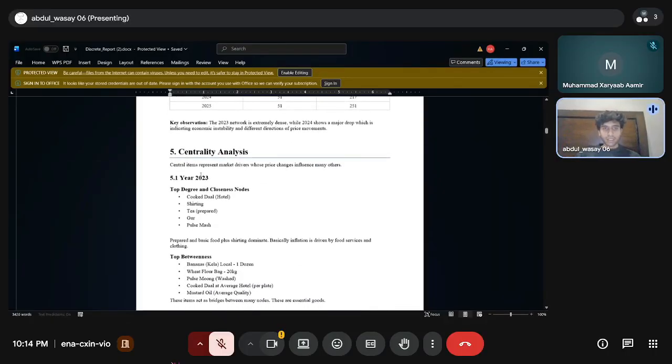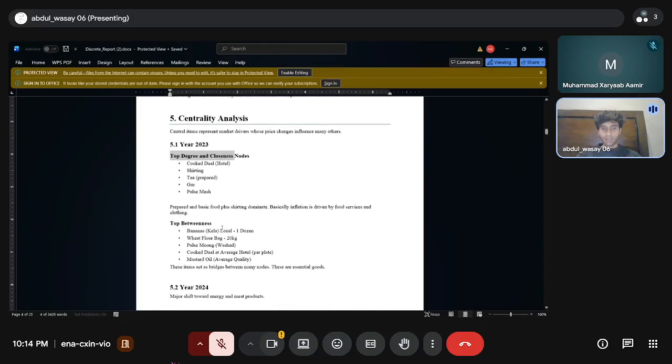In the year 2023, food and clothing dominated, and inflation and other parts of the economy were connected through these. These were the dominant centralities in 2023. For betweenness, we have basic cooking products, and because these are essential goods, they connected different parts of the economy together.